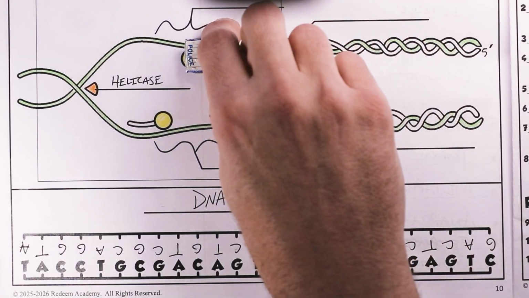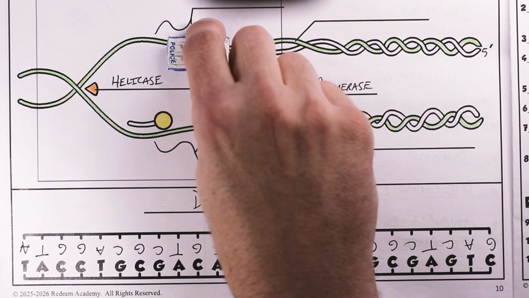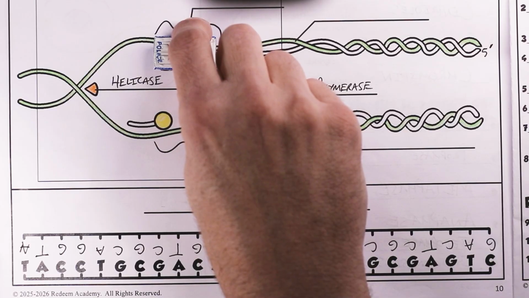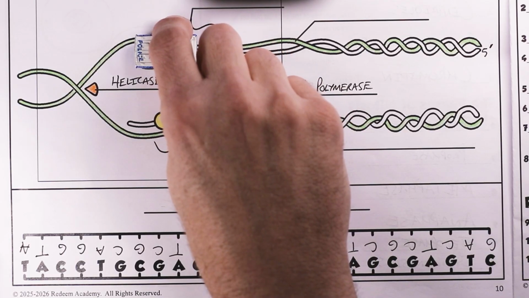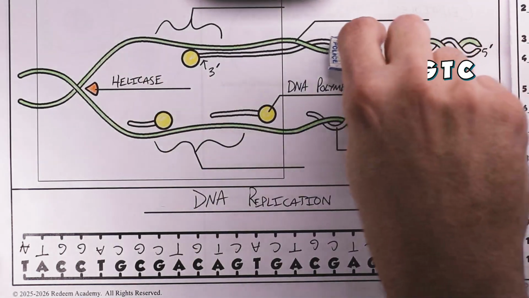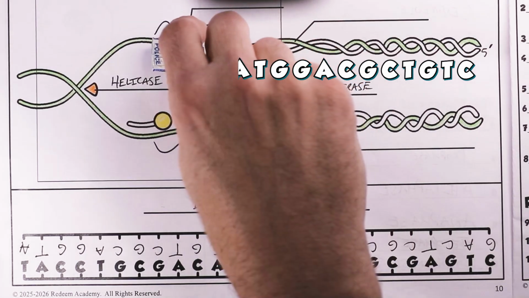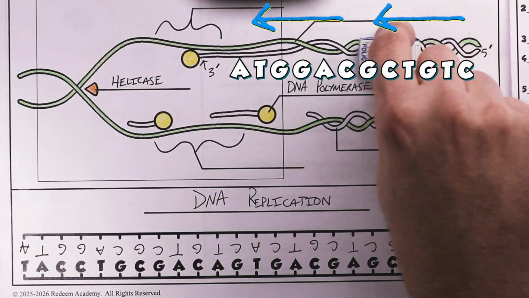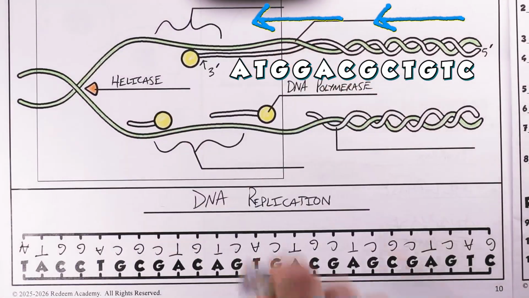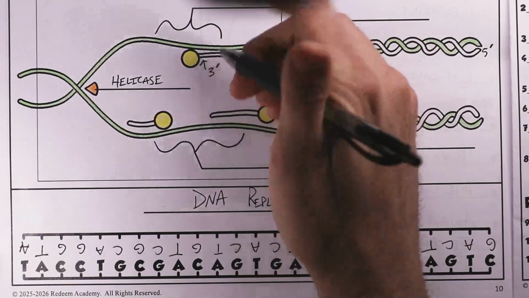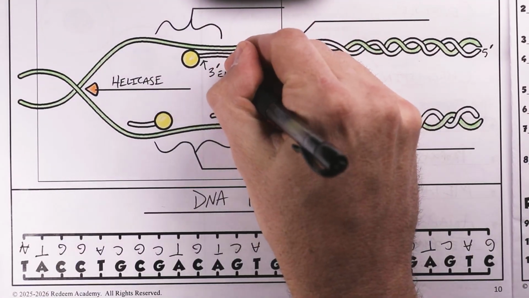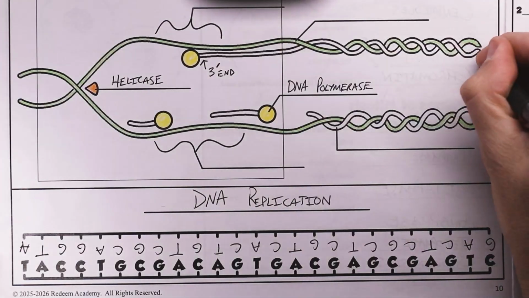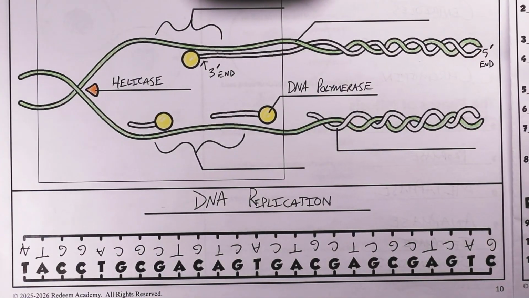So if he comes across a G, he puts down a C. If he comes across a C, he puts down a G. If he comes across a T, he puts down an A. If he comes across an A, he puts down a T. And he just keeps driving and laying down letters over and over and over again. And the only direction he can drive is from the 5' end toward the 3' end. Let's even write the word end down here. 3' end, 5' end. Okay?